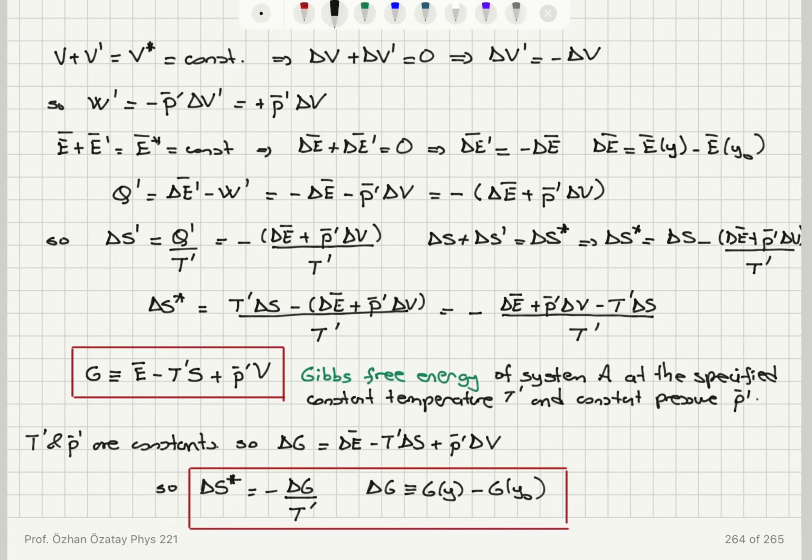Now the total volume is constant, so delta V is equal to minus delta V prime, and total energy is constant, delta E bar is equal to minus delta E prime bar.